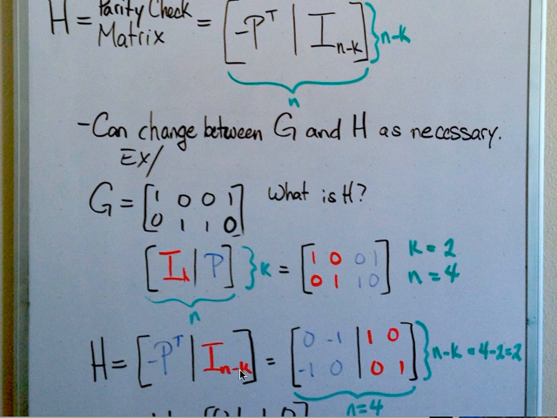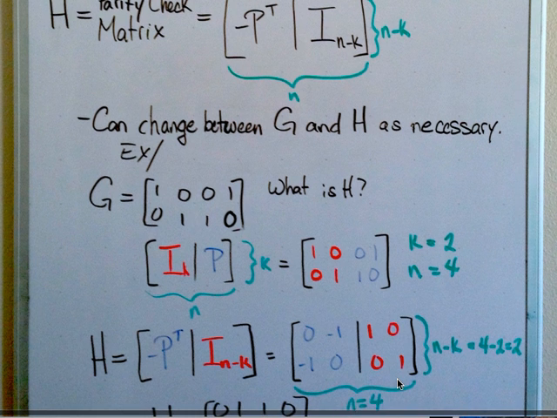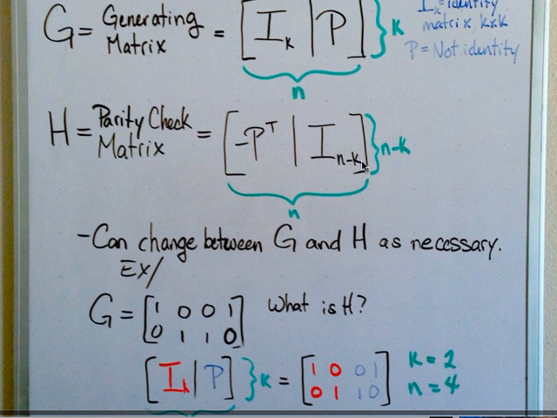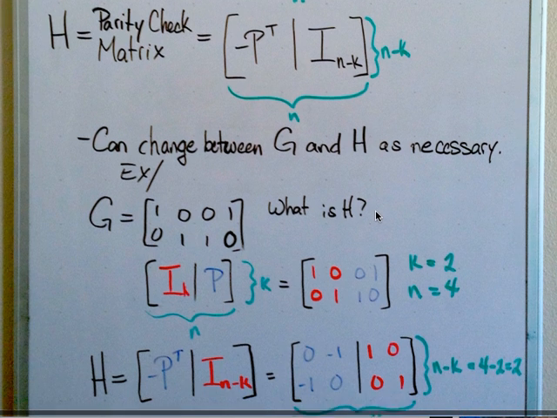The rest of the parity check matrix is just filled in by an identity matrix. How we figure out how big that identity matrix is: we want the identity matrix, remember from up here, to be n minus k, which also happens to be the height of the parity check matrix.